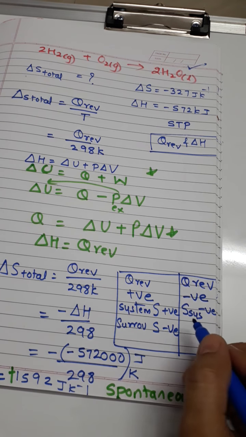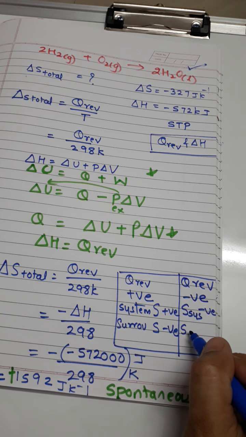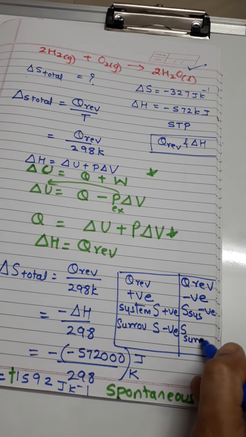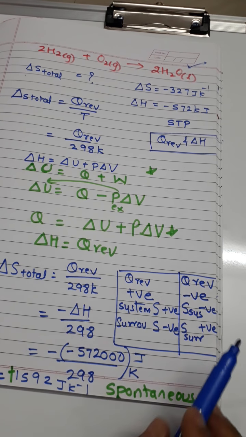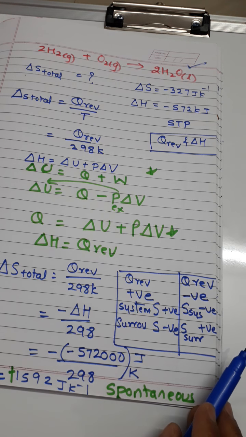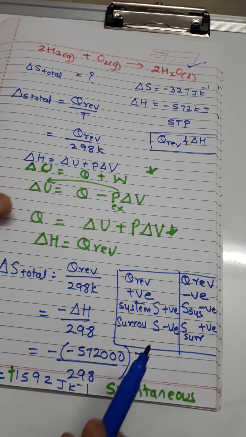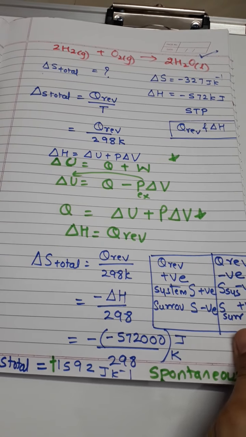And since the heat has been removed from the system, that heat got added into the surrounding. So in this case, the entropy of the surrounding would be positive. Everything depends on Q reversible, the amount of heat which can be provided to the system or removed from the system.